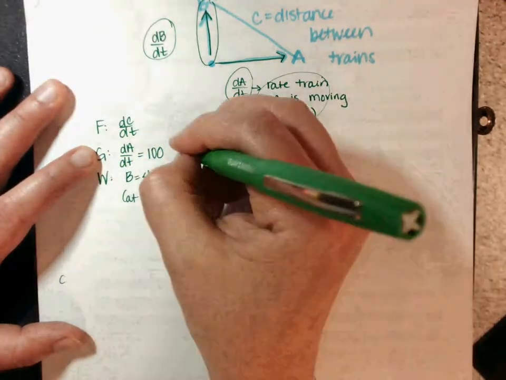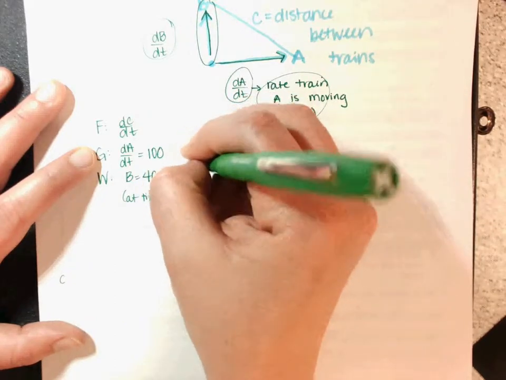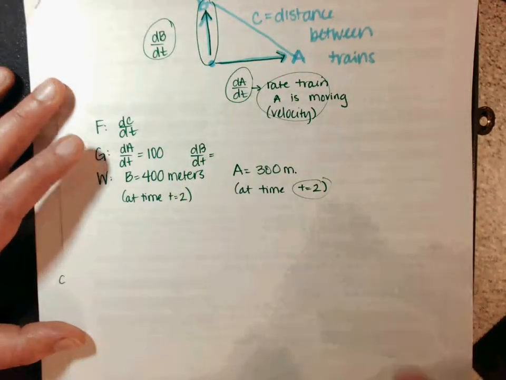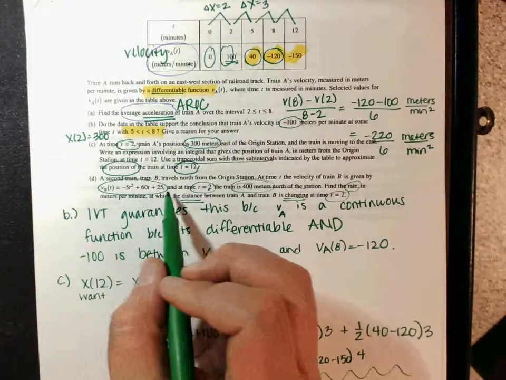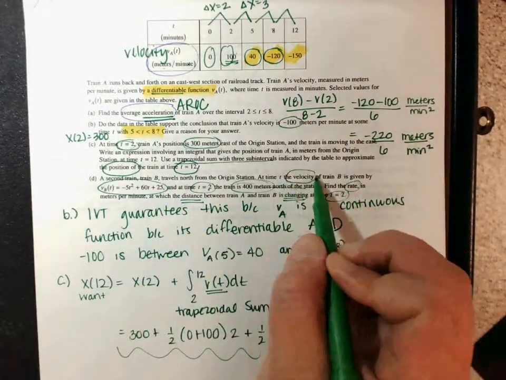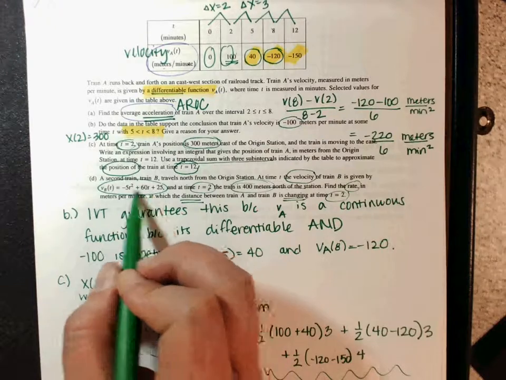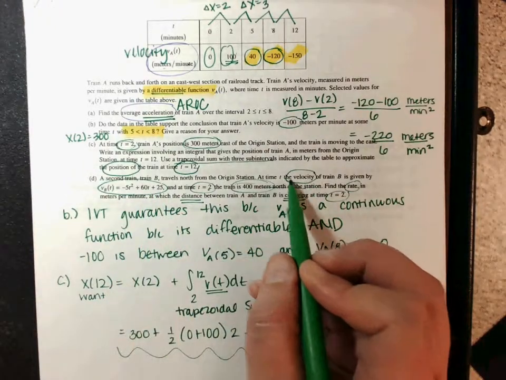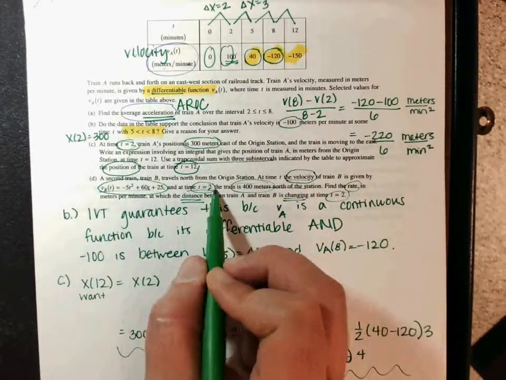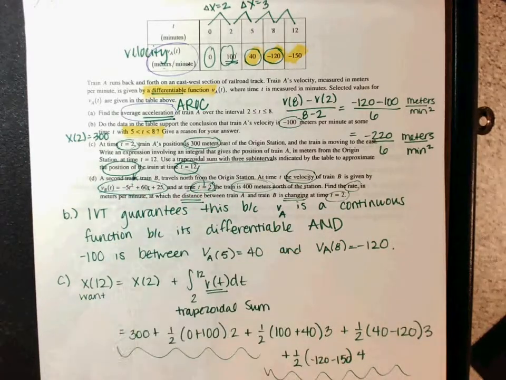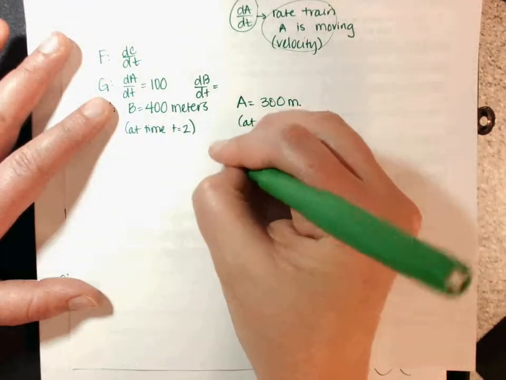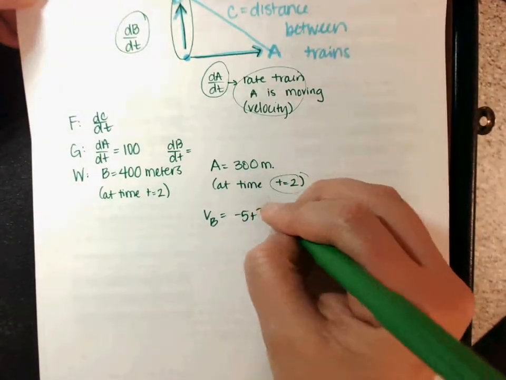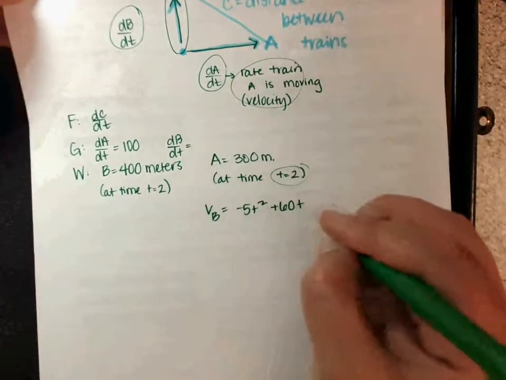But I also need to know dB dt. So let's see if we can find dB dt. Notice that it tells me here my second train, they gave me its velocity, but it's in the form of an equation. Well, that's not so bad. If I want to know the velocity of train B at time 2, then all I need to do is plug 2 into that equation. So I have that V of B equals negative 5t squared plus 60t plus 25.